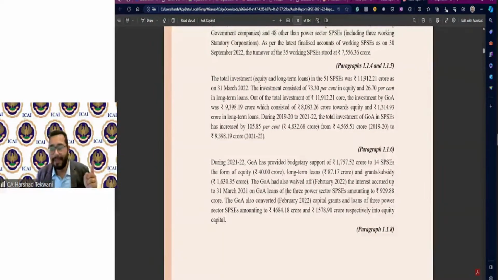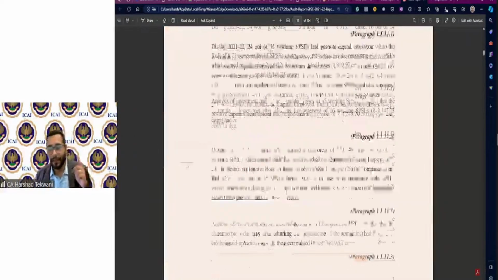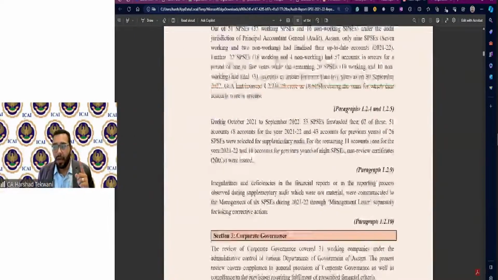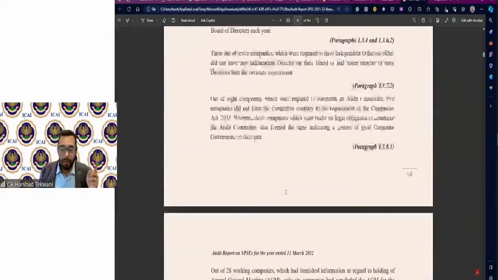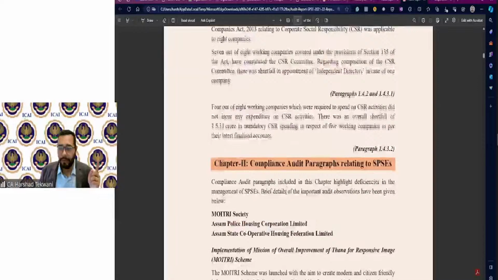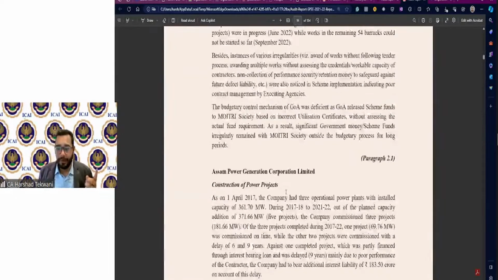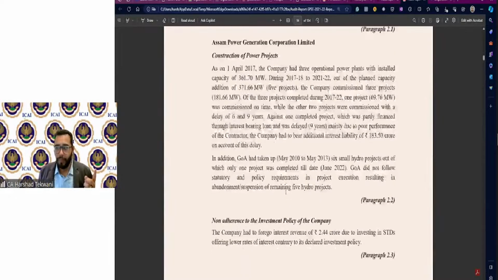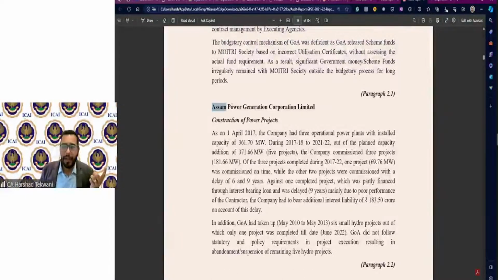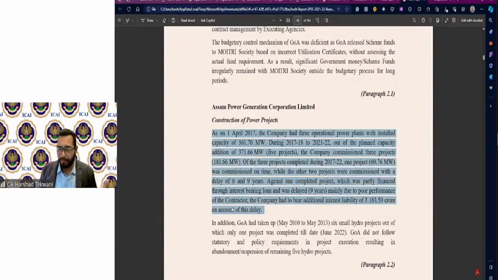It's different in the public sector undertaking. That's why it's very important for us to understand where our report will go, who will be the stakeholders of the report, and how our report will be interpreted. For example, this particular company has some separate information that is reported over here.